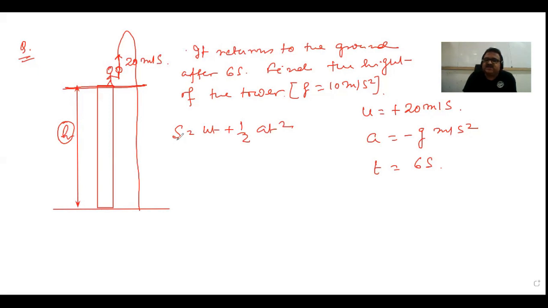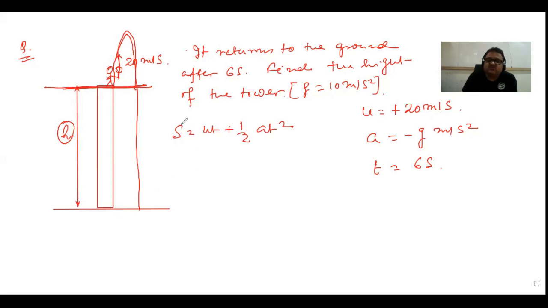What is s in this case? Look, you have to be careful about this. This ball goes up, comes down. When it is at this position, at the level of throw, displacement is 0. And I told you earlier, s represents displacement. Now it goes down. That means below the level of throw. That means displacement is negative.